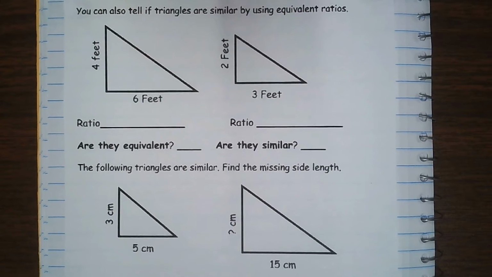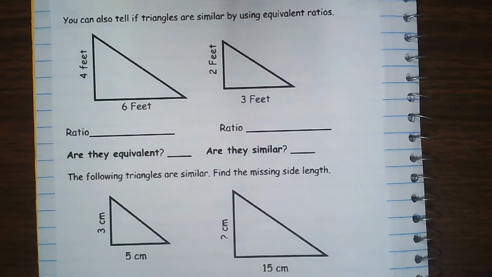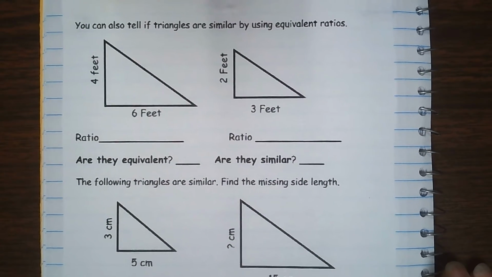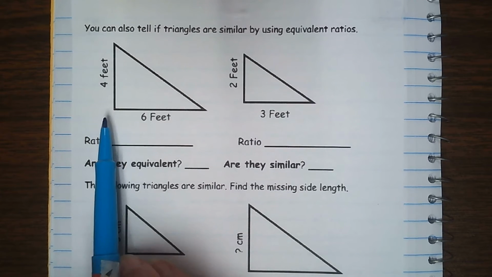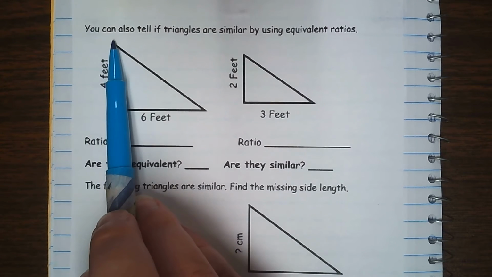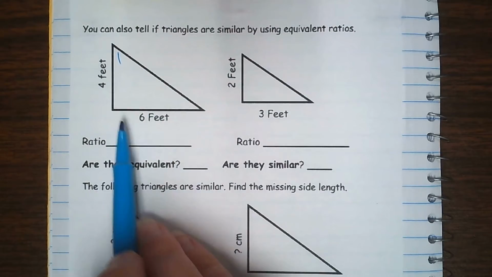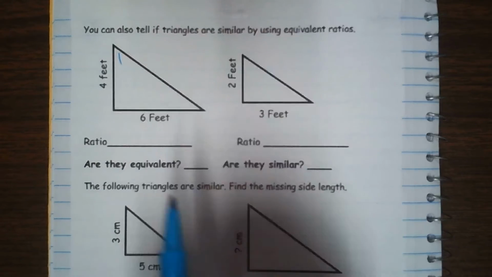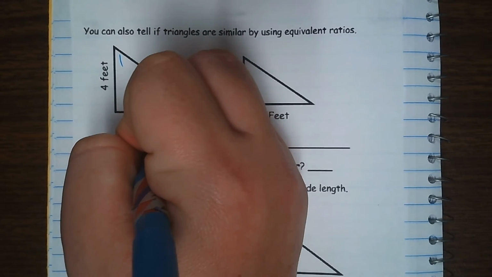You can also tell if triangles are similar by using equivalent ratios. So if we're looking at our vertical side compared to our horizontal side, that would be a ratio of 4:6.